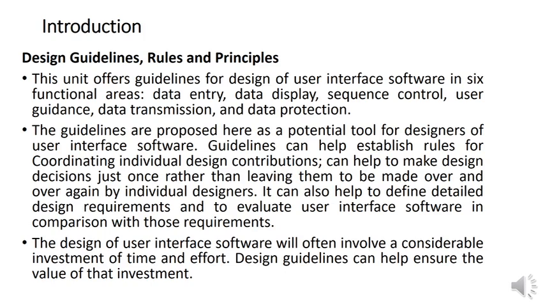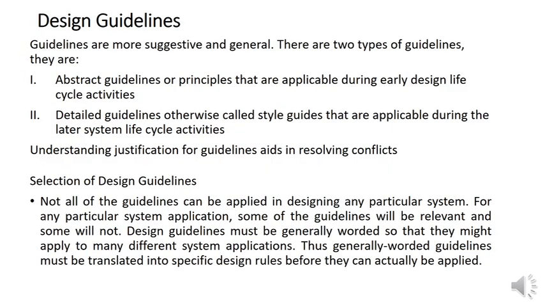The design of the user interface software will often involve a considerable investment of time and effort. Design guidelines can help ensure the value of the investment. Guidelines are more subjective and general. There are 2 types of guidelines.